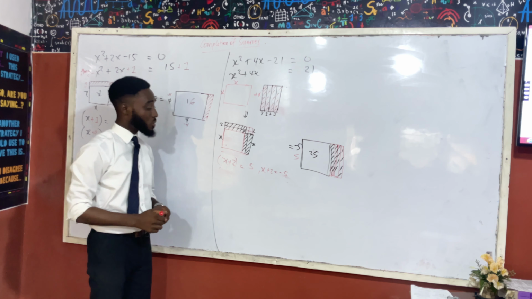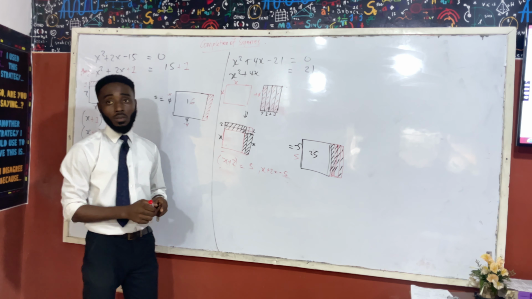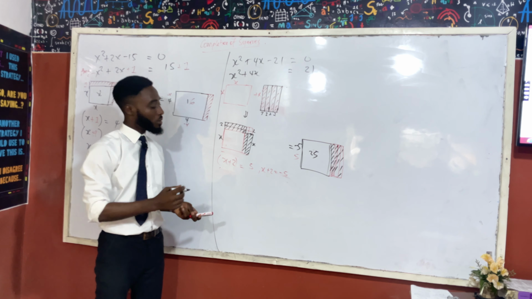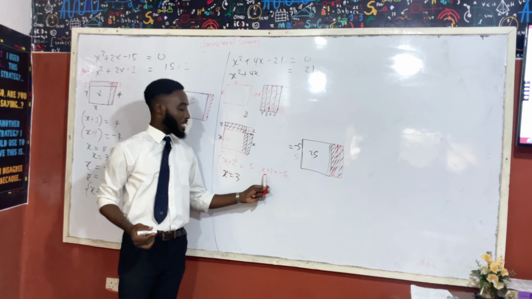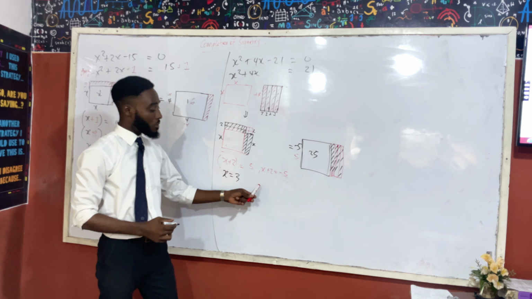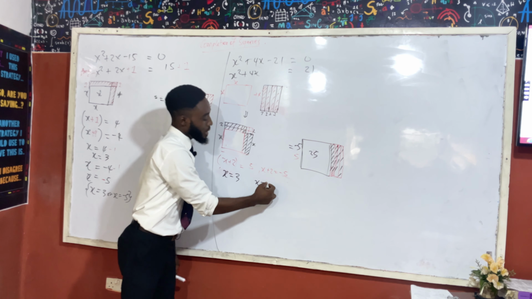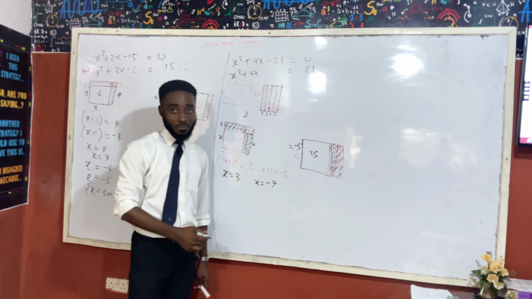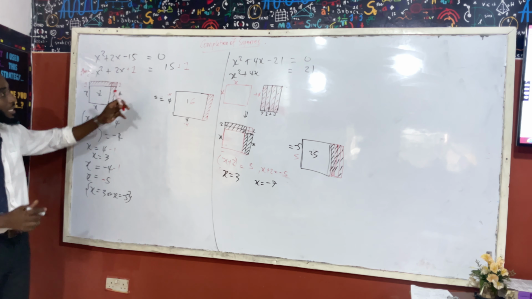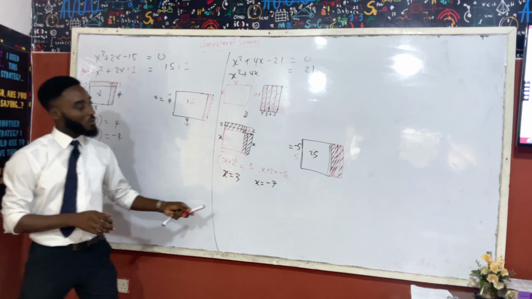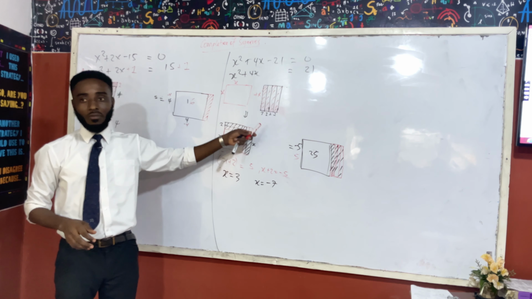If x plus 2 is equal to 5, what will x be? X will be equal to 3. If x plus 2 is equal to negative 5, what would it be? What will x be? X will be equal to negative 7. So we've been able to graphically explain where the concept of completion of squares is coming from.